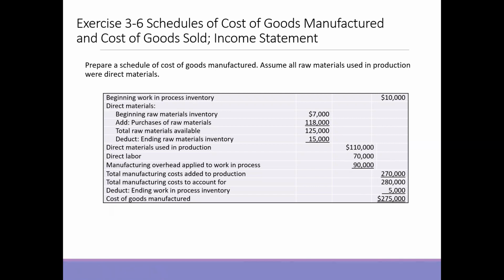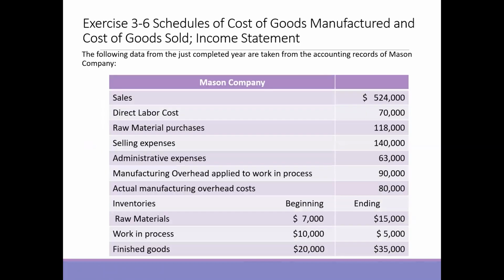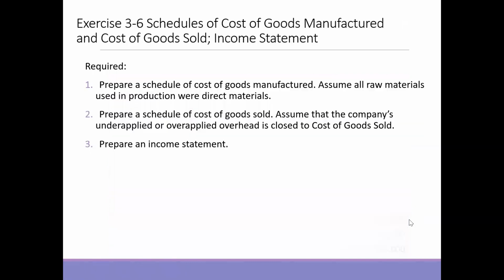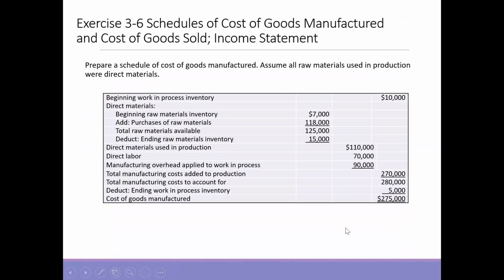If our ending work in process balance was 5 here, see where we're getting it? If it's 5, that means we manufactured 275,000 during the period.